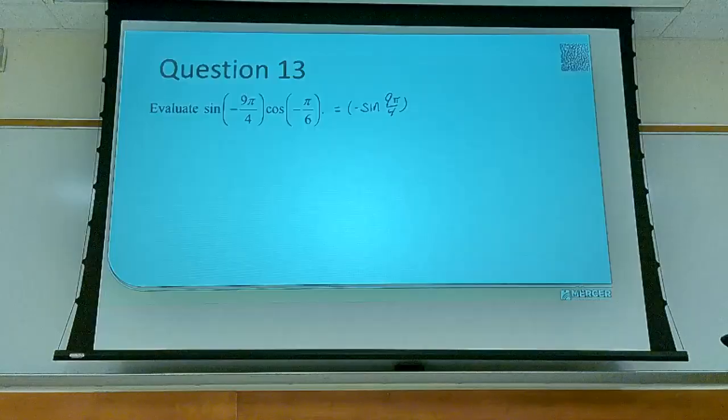Sine's odd. Sine of negative 9 pi over 4 is the same as negative sine of 9 pi over 4. Right? f of negative x equals negative f of x. That's what it means to be odd. Cosine is even. That's just the same as cosine pi over 6.